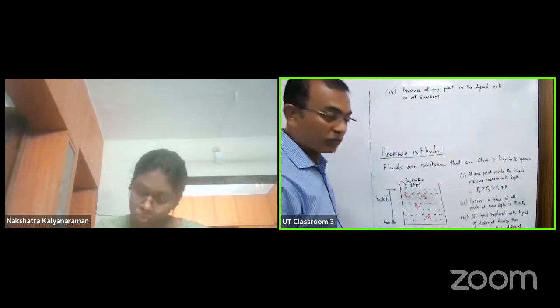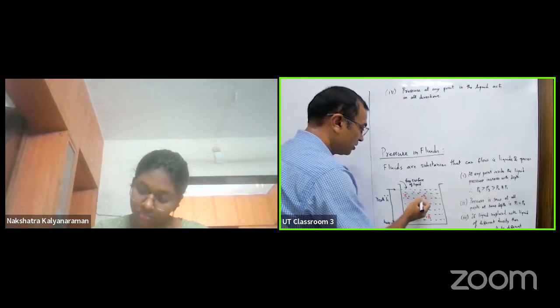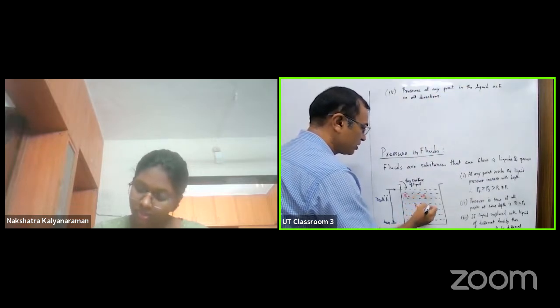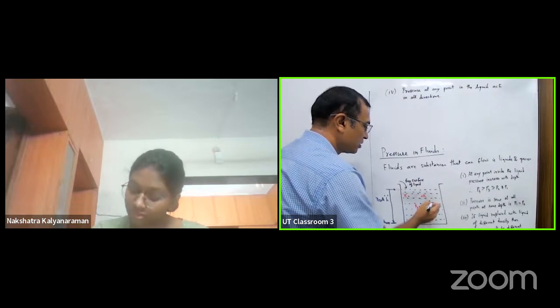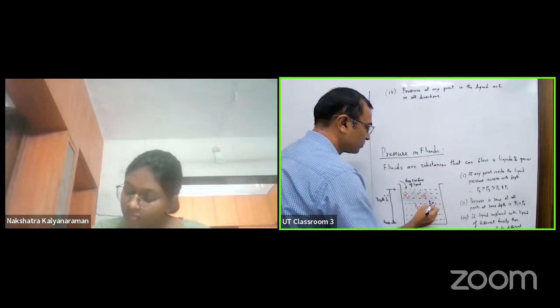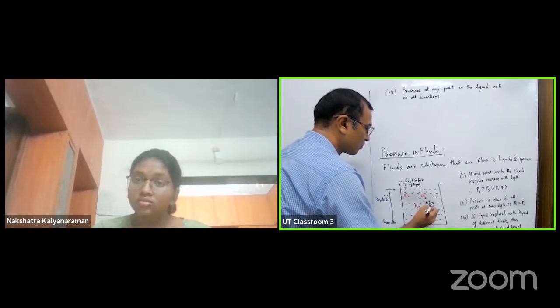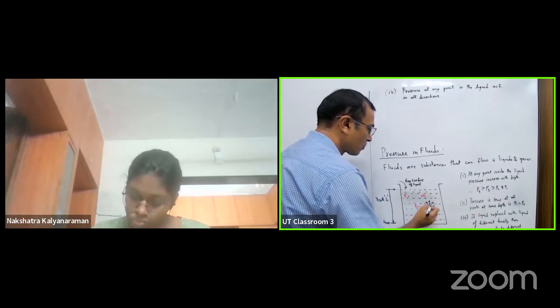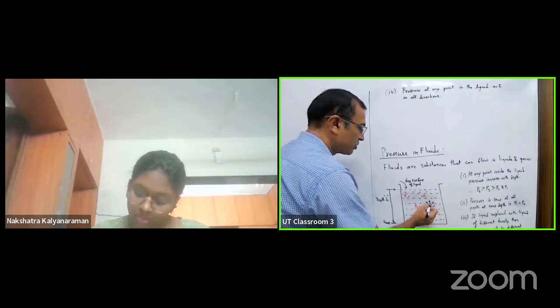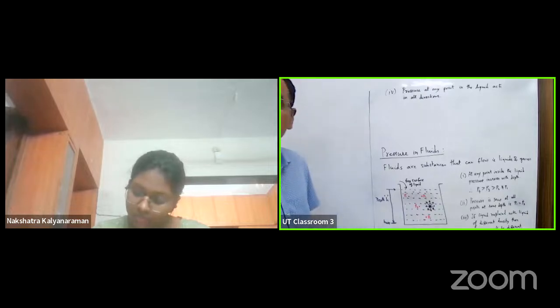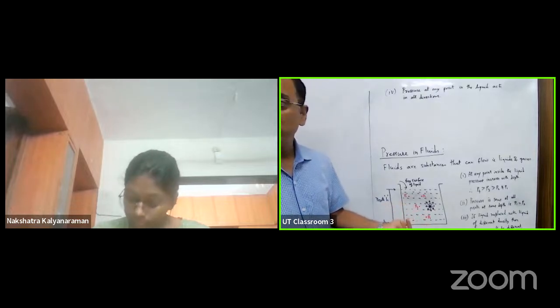Suppose we consider this point. Let's say I take any point, so pressure acts in this direction, in all directions. It exerts equal pressure in all directions, so it has no fixed direction.